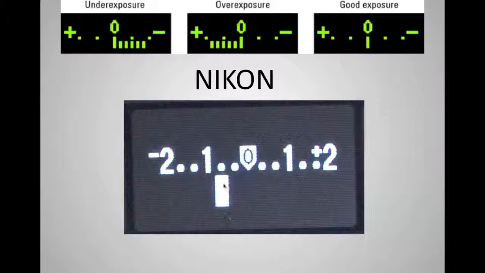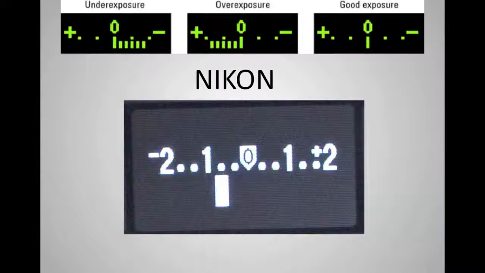And this little line should be right in the center. Then you can tell the camera to go this way, or you can go to the left, depending on your camera. That means you can tell it if you want the image to be overexposed or underexposed.